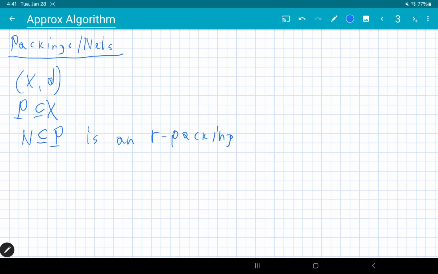Okay? The first property is a covering property. Covering.